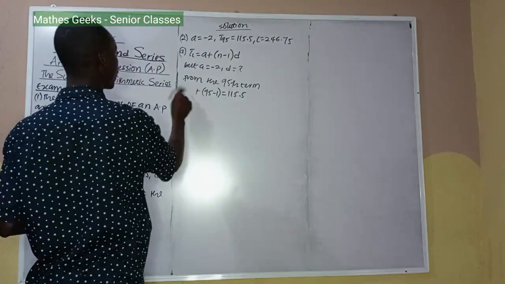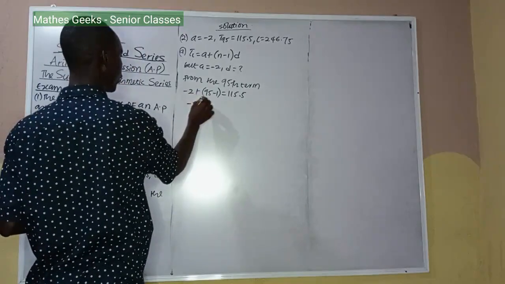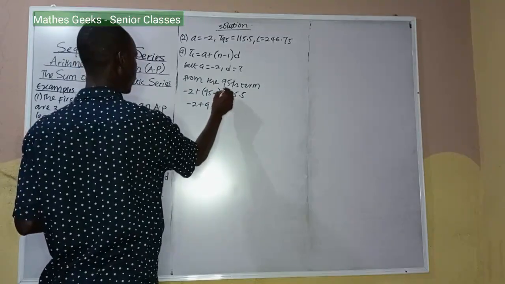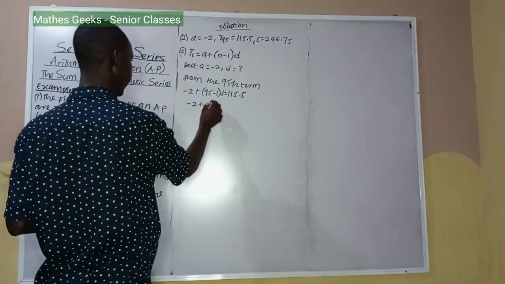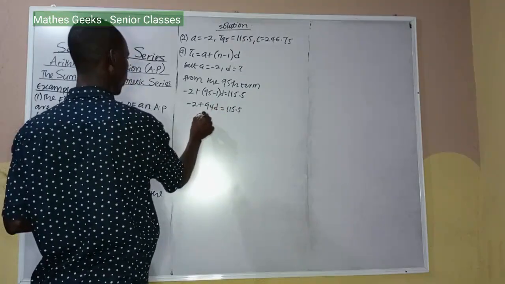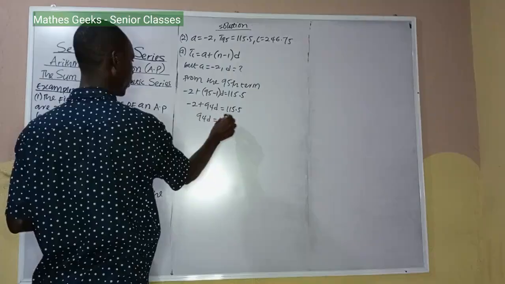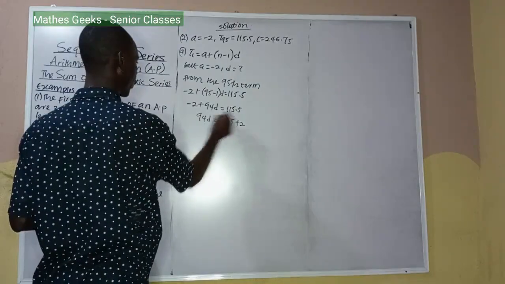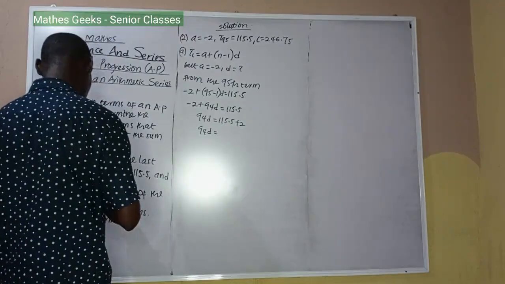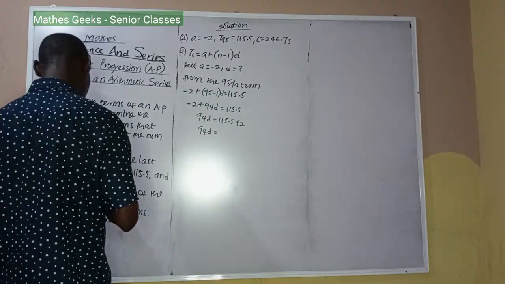So a, which is minus 2, so minus 2 plus 94d is equal to 115.5. So 94d is equal to 115.5 plus 2.